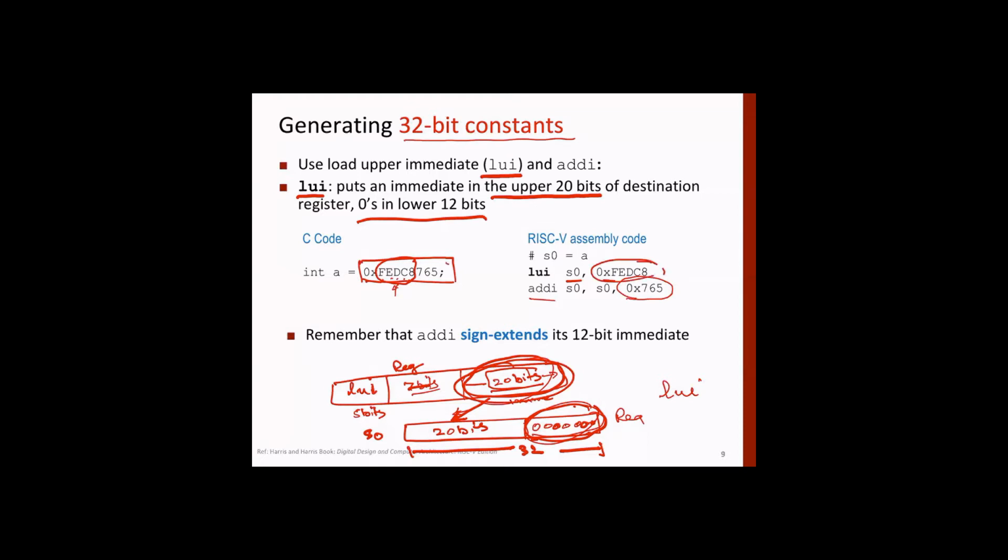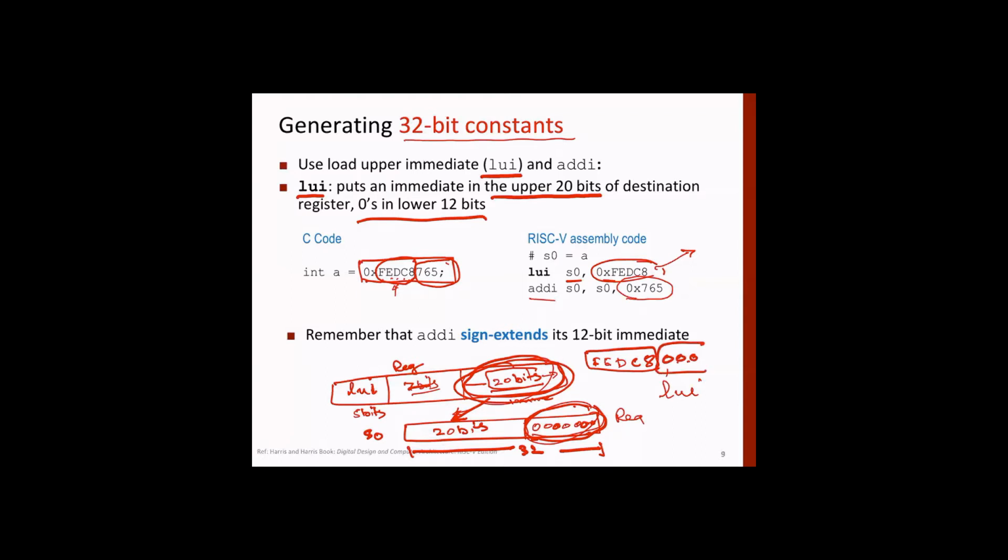Now something is left out, right? We have to have this and then append it with 765. Now after the LUI instruction, what you have in the register is the value FEDC8 and then the remaining are zeros. Basically 3 zeros, where each is a hex 0, so basically 12 bits of zeros.